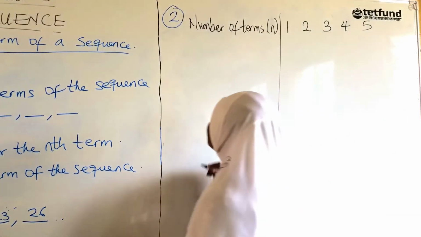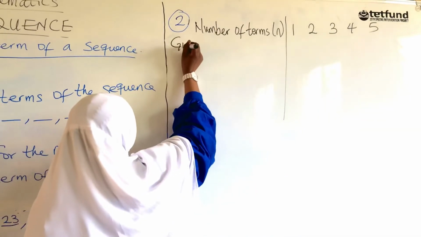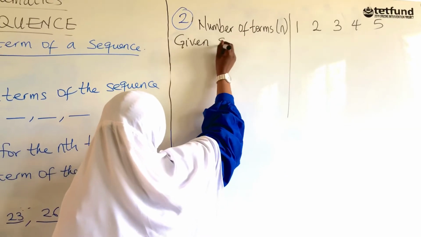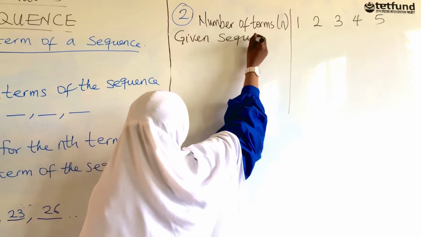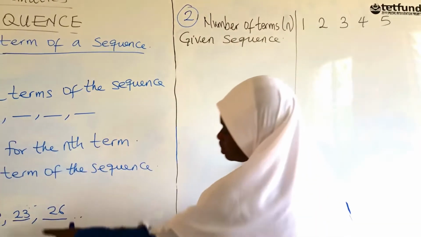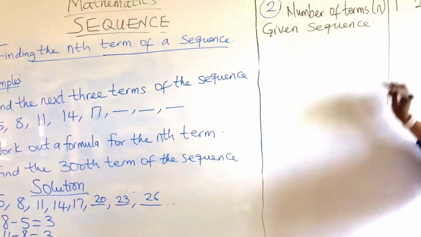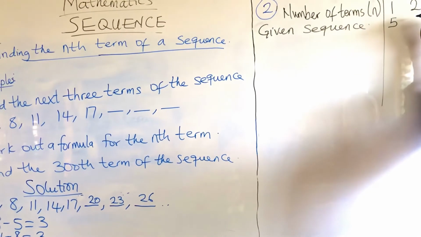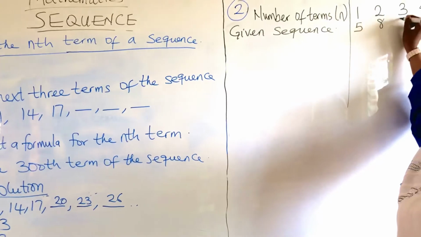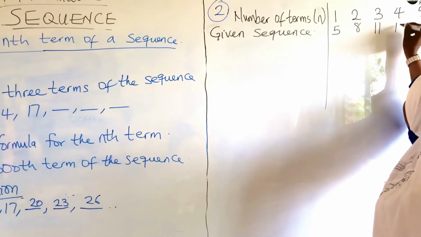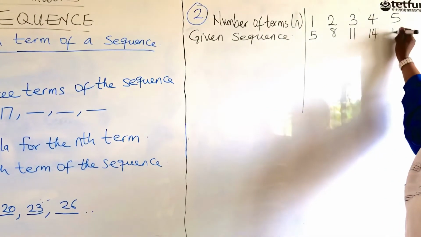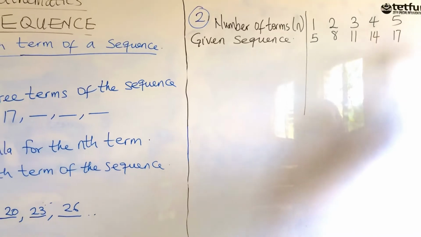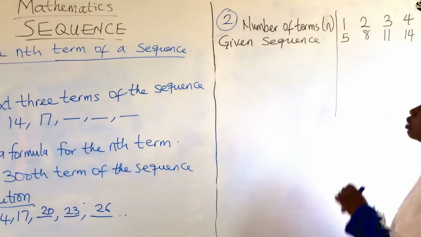Now, after that, write the given sequence, the list of numbers given. So we have 5 for the first term, 8 for the second term, 11 for the third term, 14 for the fourth term, 17 for the fifth term, and so on. You can continue, but let's stop here.